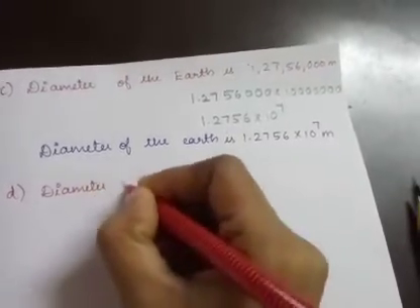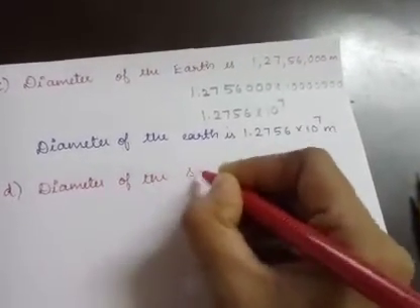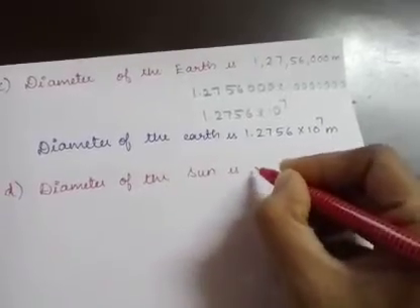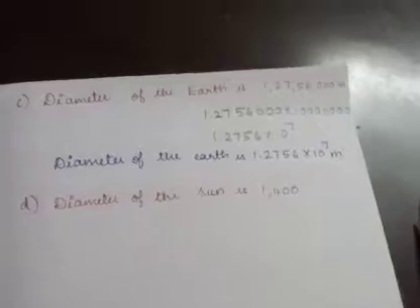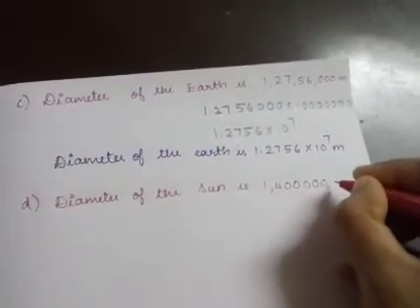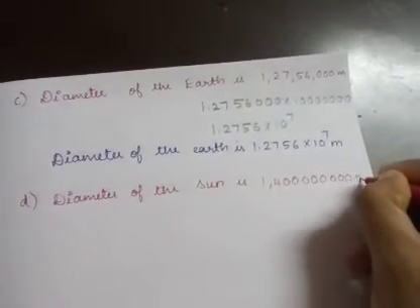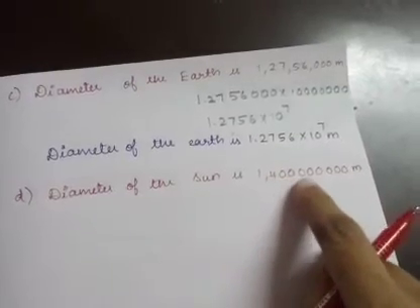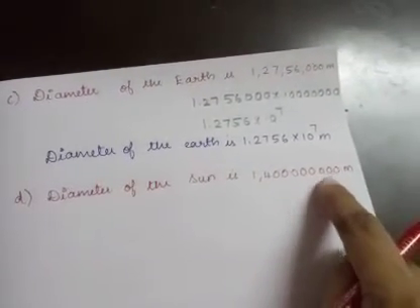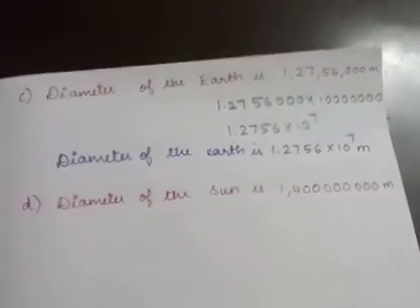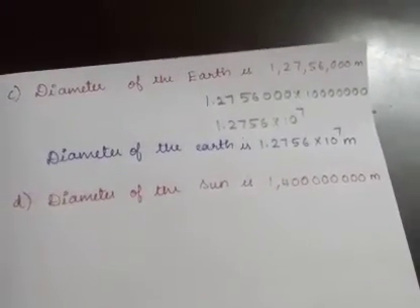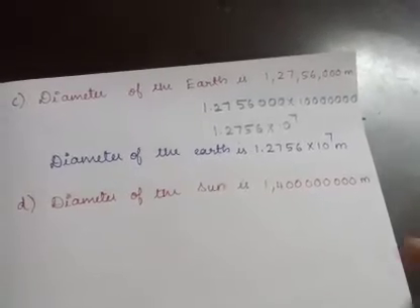Diameter of the sun. They have given the diameter of the sun is 1400000000 meter. It is a very large number. First we have to convert that into standard form.